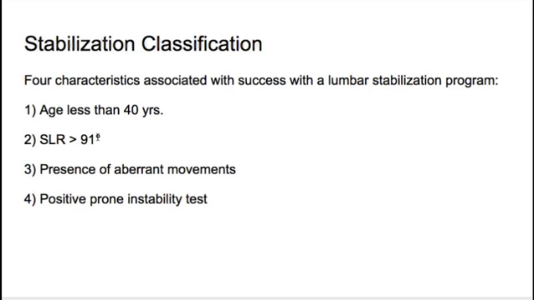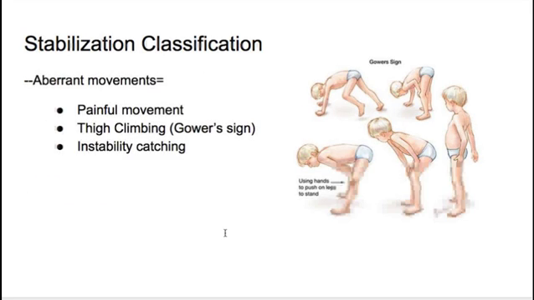Their straight leg raise is greater than 90 degrees, indicating that they have a lot of mobility in general, that when they move, they may display aberrant movements when they're, for example, returning from a flexed position. And the prone instability test may be positive. These are all indicators that the person falls into this category and could benefit from stabilization exercise.